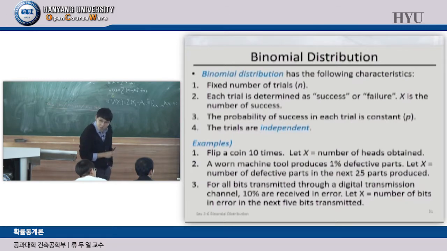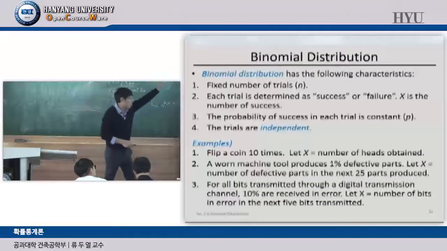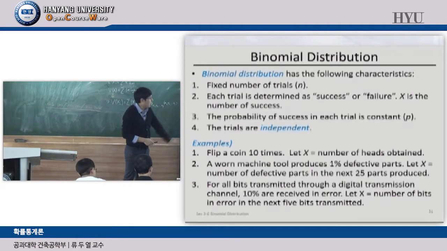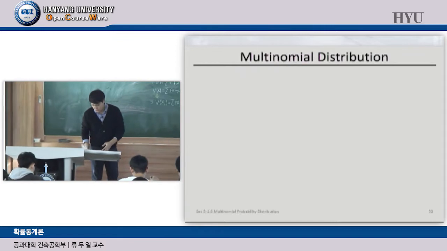And we have two options: we can receive the bit in error or we can receive the bit without error. Okay? So this is also the concept of the binomial distribution. And please remember this concept of the binomial distribution, because I'm going to explain the multinomial distribution.